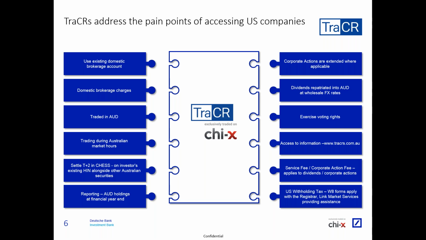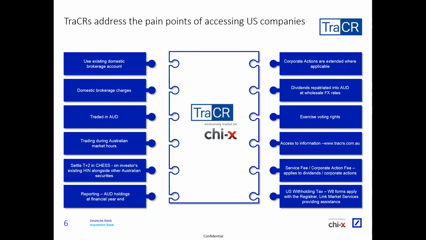So what we did was we took this depository receipt model and applied it to suit Australian regulatory standards. We've called it a TraCR, or transferable custody receipt. So now, with a TraCR, you can get single stock exposure to the largest US companies in the world, with the TraCR trading during Australian market hours, all in Australian dollars.